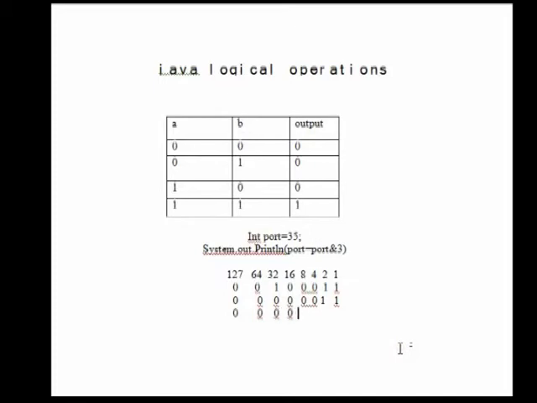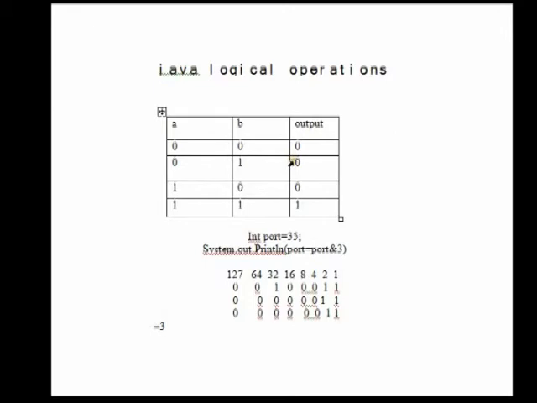The last two are 1 and 1. The system would print out 3, so this is what the result would be.